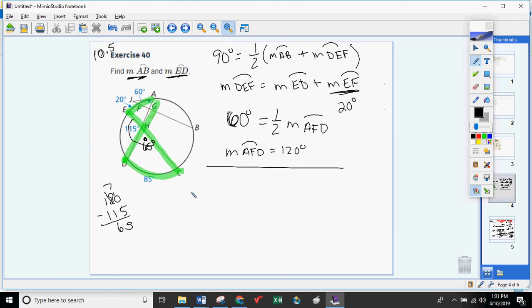Yay! How does that help me? Well, now I know that 65 degrees equals 1/2 of 85 degrees plus this arc, which is 20, plus arc FG. So I'm going to stop there.